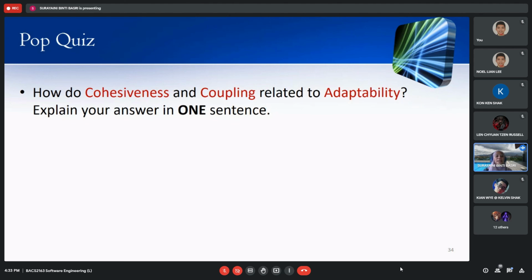So in one sentence, what relates cohesiveness and coupling to adaptability is: for a design to have good adaptability, it must have a high level of cohesion but a low level of coupling. Only that.